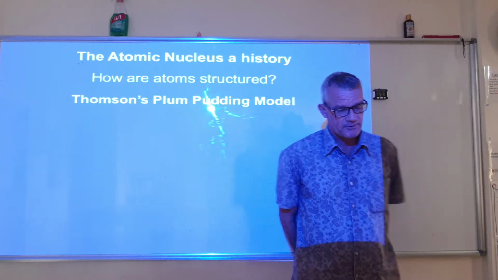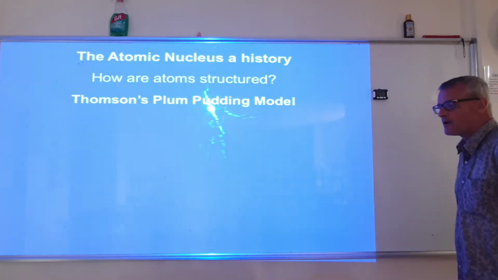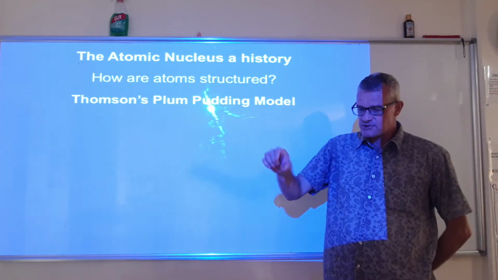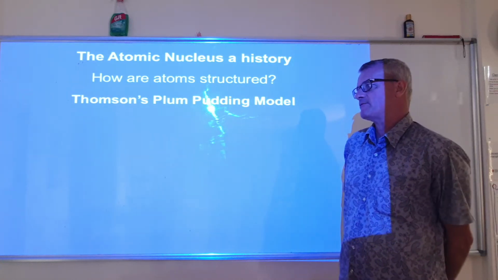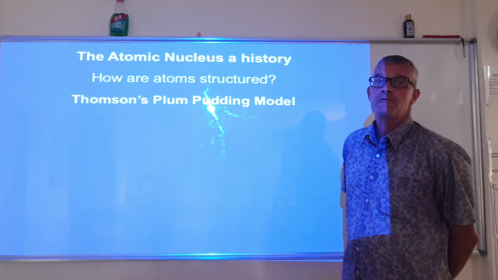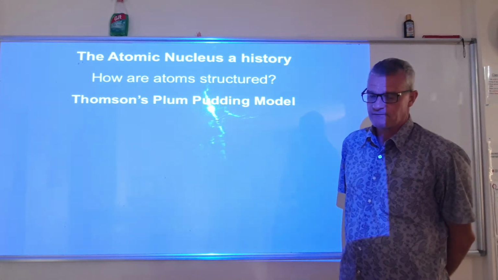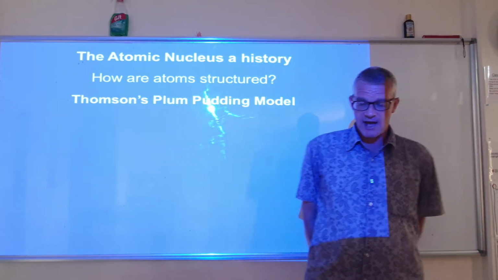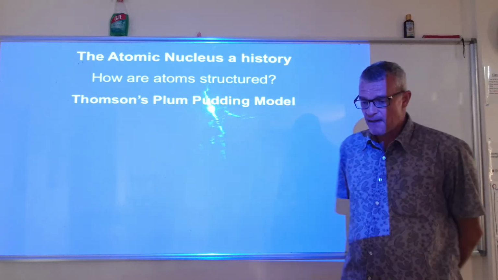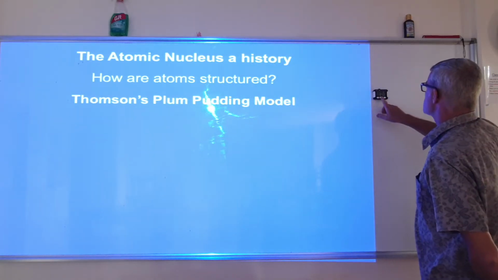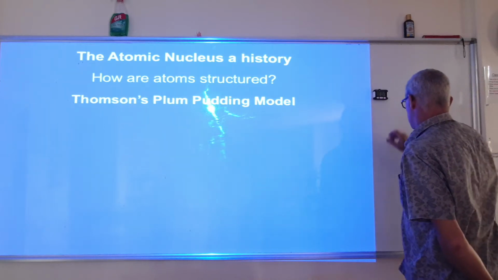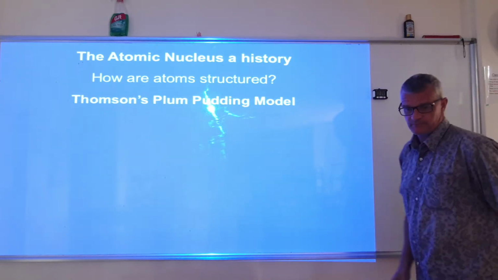He put an external field or a magnet along the tube and saw the beam bending, something you may have heard about when we were talking about the electric field. He described his model as plum pudding because it looked very similar to a plum pudding.